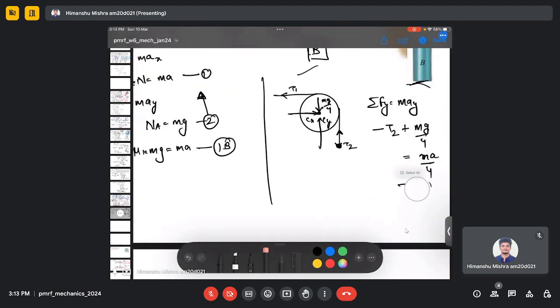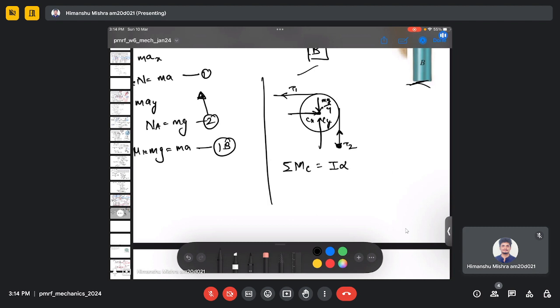So instead of doing the force balance analysis, if I do moment balance at C, the summation of moment will be I alpha. I is the moment of inertia here, for a disk. So this is the moment of inertia, and my angular acceleration will be linear acceleration divided by radius.